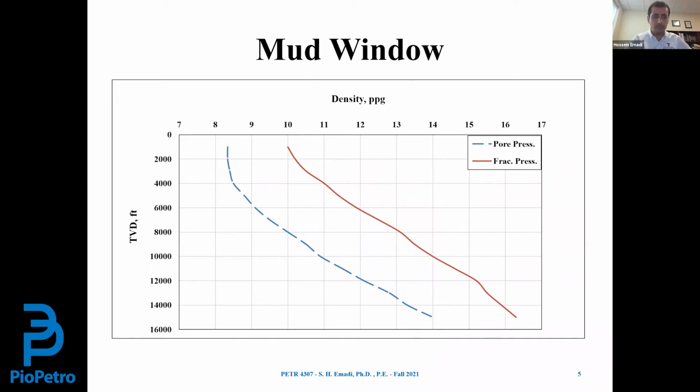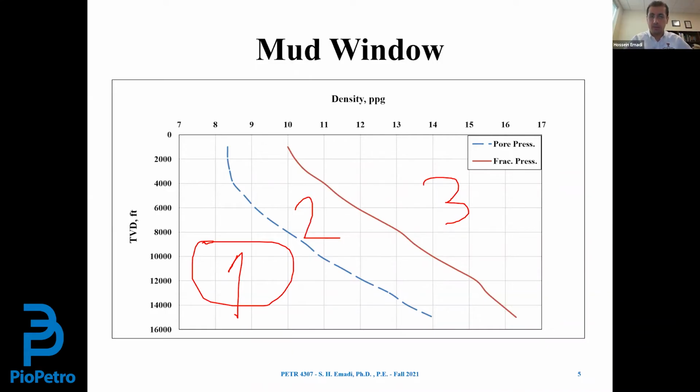So this area is area number one. Let's call it area number one. And this area we call area number two, and this area number three. Out of these three areas, which one is the desired one for us during drilling operation?